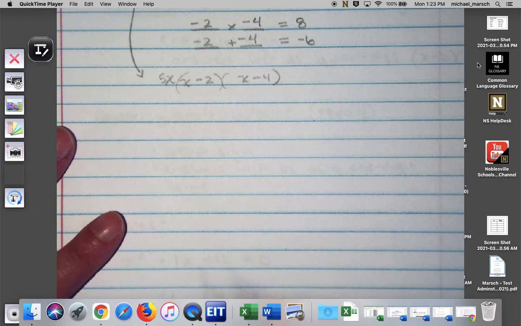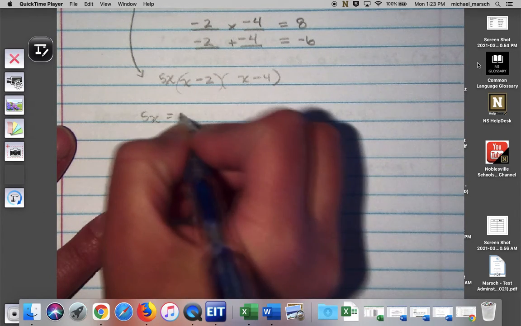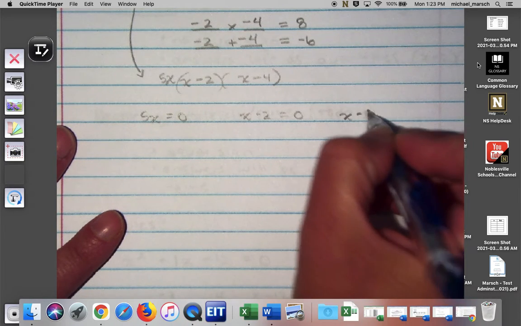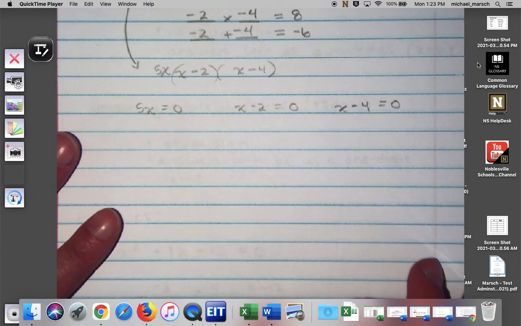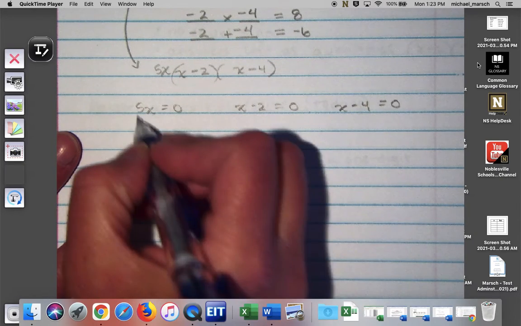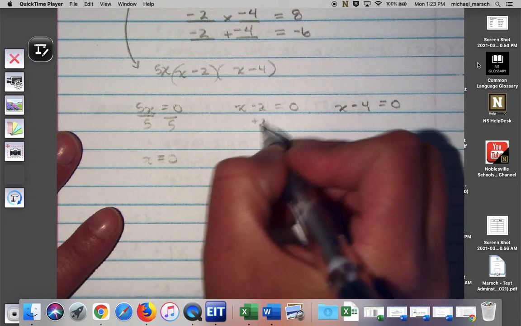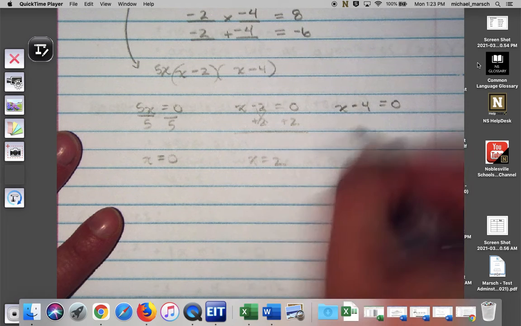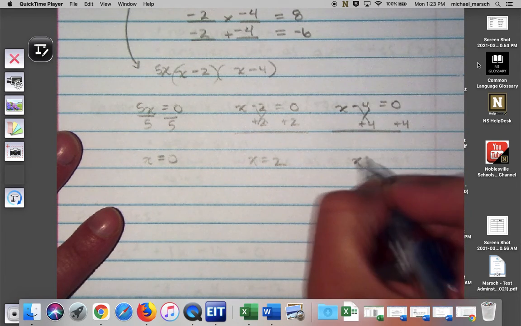We now have to make 3 things equal to 0. 5x equals 0. x minus 2 equals 0. x minus 4 equals 0. When I divide by 5, I'm going to get x equals 0. Add the 2s, I'm going to get x equals 2. Add the 4s, I'm going to get x equals 4.